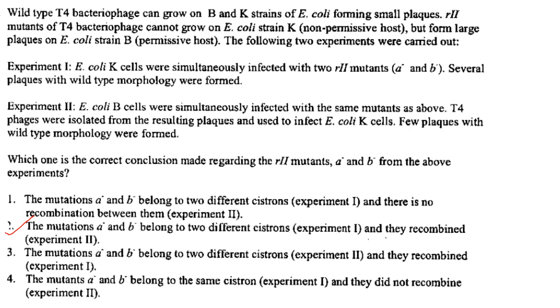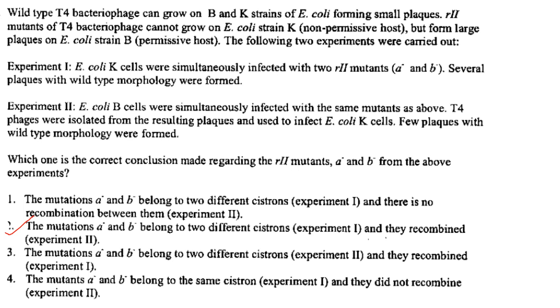Experiment 1. E. coli K cells were simultaneously infected with two R2 mutants, A minus and B minus. So there are two R2 mutants; in the first, A is mutated, in the second, B is mutated. Several plaques with wild type morphology were obtained.